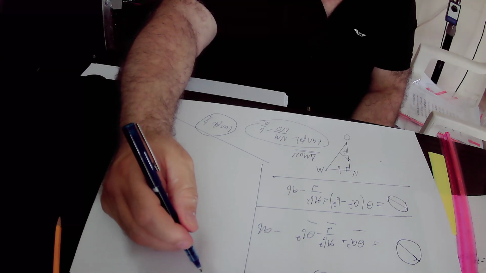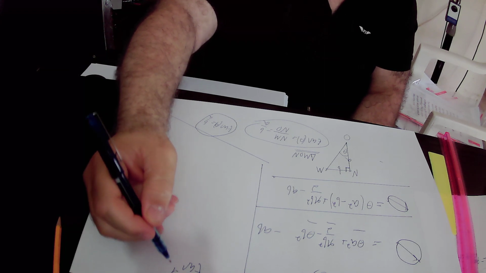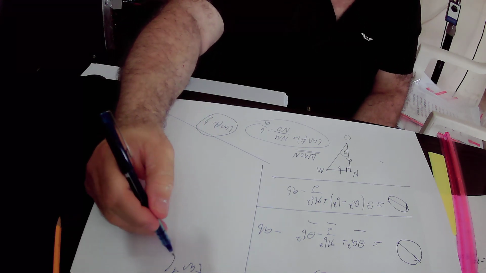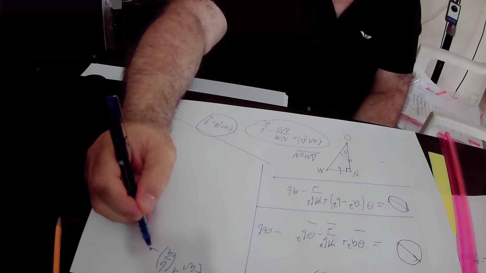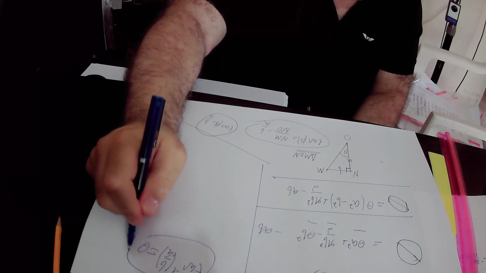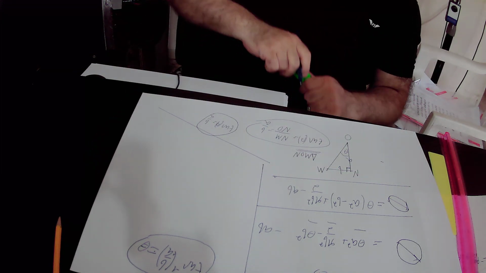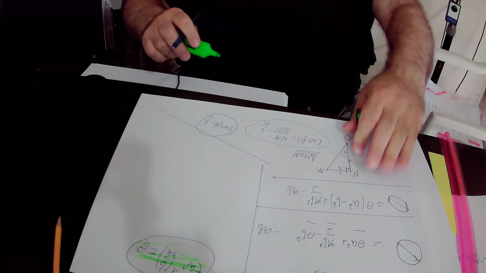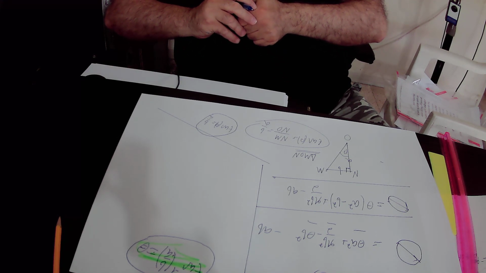The opposite function of tangent is tangent minus 1, and this operation gives us the value of theta. Conclusion: we found out that theta equals tangent minus 1, the inverse of tangent, of b over a.